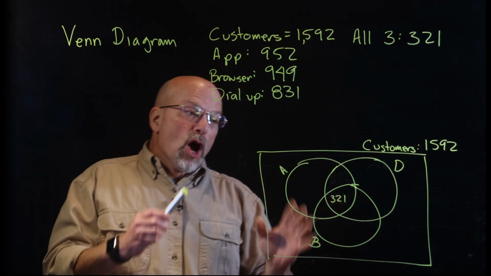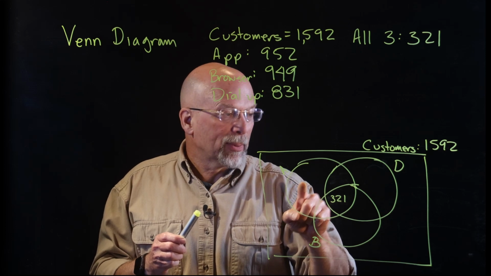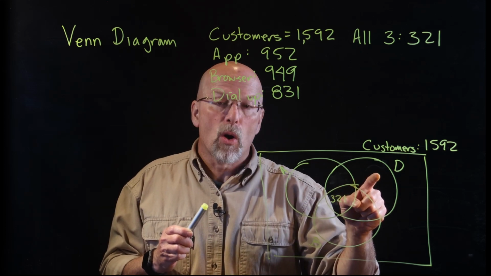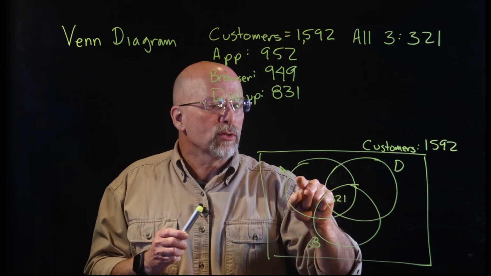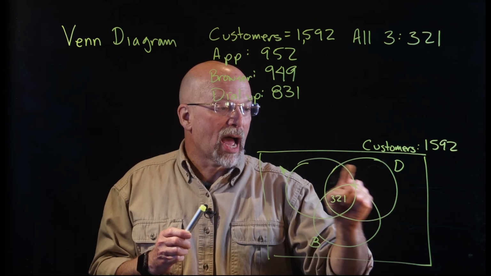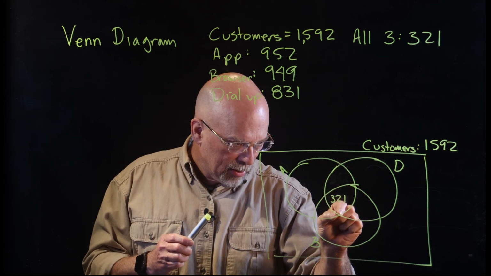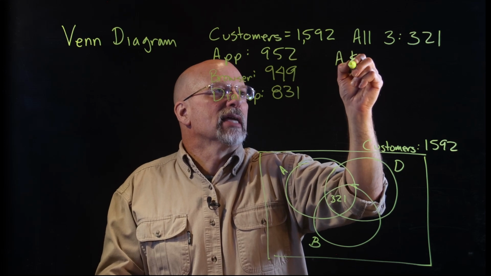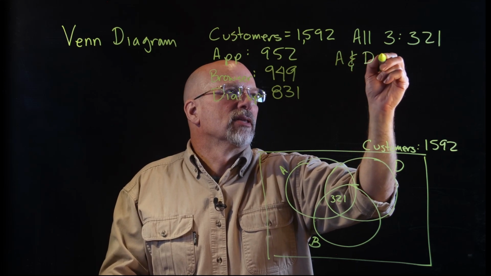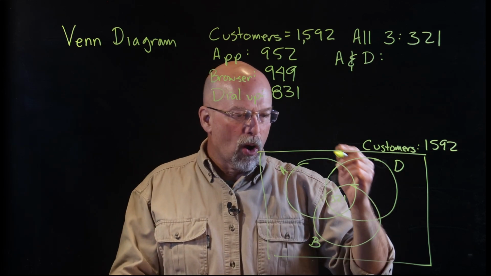Now, we don't know exactly how many have used the application and how many have used dial-up only without using the browser. But we do know how many have used the application and the dial-up together. So this whole area right there. They've used at least the application and the dial-up.